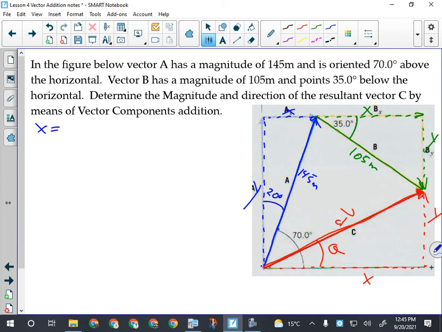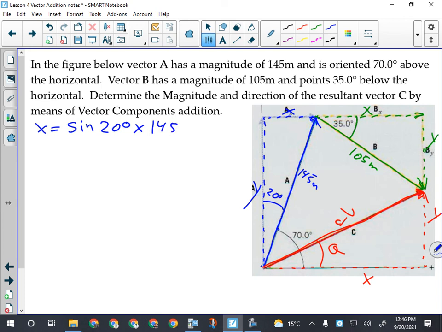All right, I want to calculate blue x. Now, in the triangle I have drawn, is blue x adjacent to or opposite the 20-degree angle? Yes, it's opposite. Okay, which trig function do I use if I have the hypotenuse and an angle and I want to calculate the opposite side? Sine. Okay, so x is going to be the sine of 20 degrees times the hypotenuse, 145.